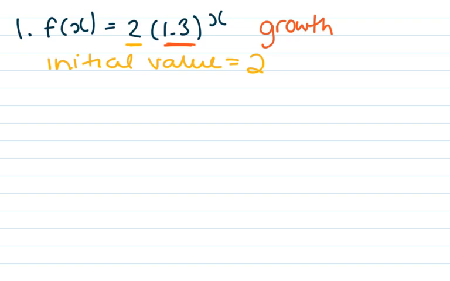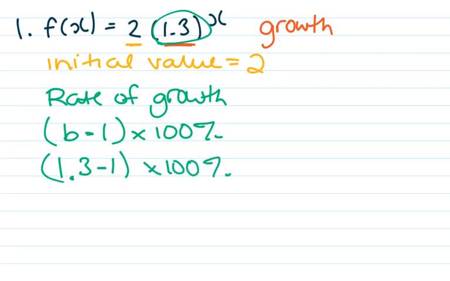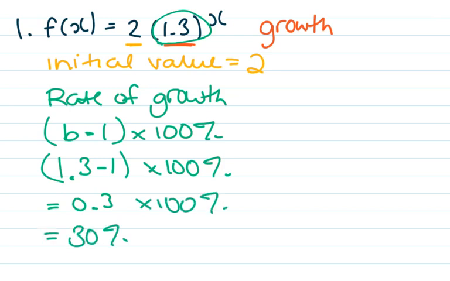And then I also need to determine the rate of growth. If you look above the examples in that little chart, remember we said the growth rate was b minus 1 times 100%. So here b is 1.3. So 1.3 minus 1 times 100% equals 0.3 times 100% equals 30%. So the growth rate is 30% for number 1.